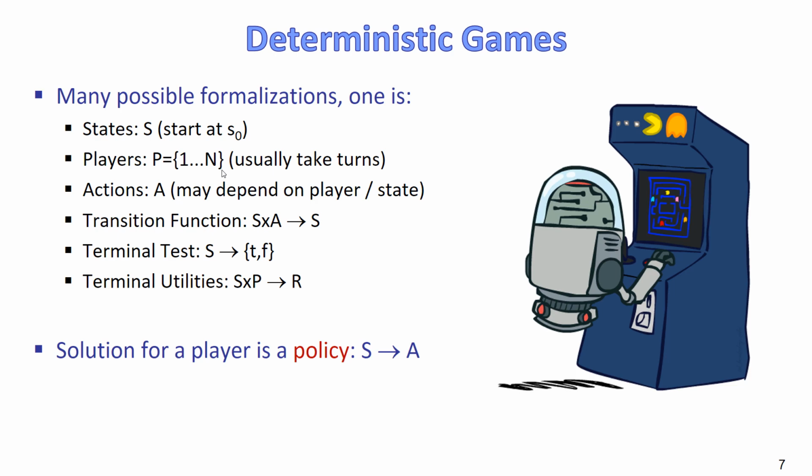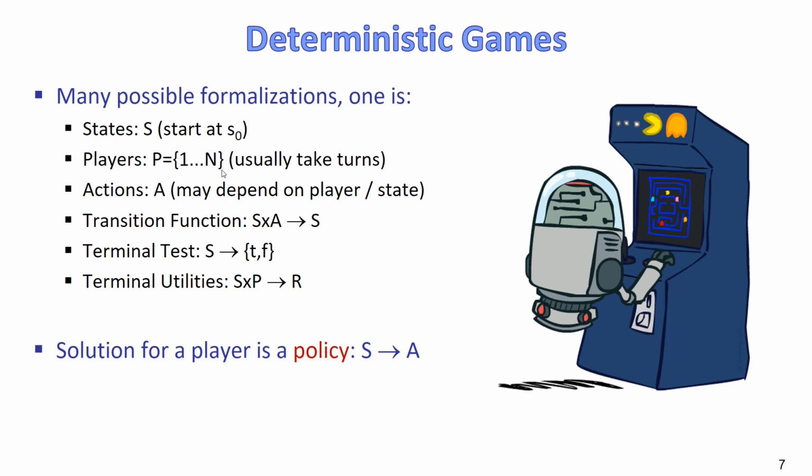And we also have what we call utilities. Okay, so at the end of the game, for every terminal state, the state where the terminal test will be satisfied, the state by which the game will end, there will be a utility for each player. And the utility for each player is the gain that the player got from the entire game.